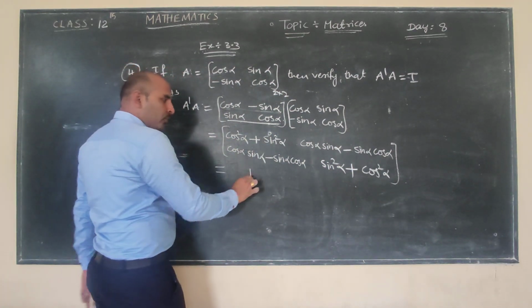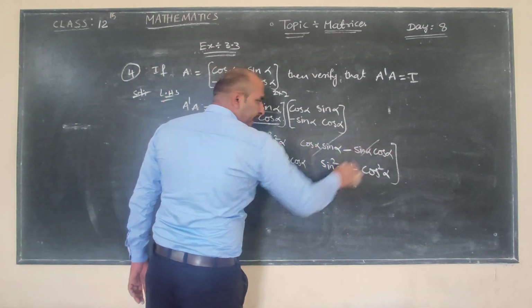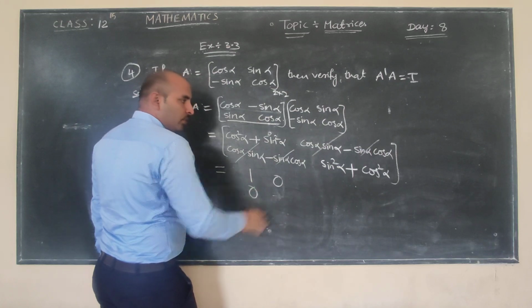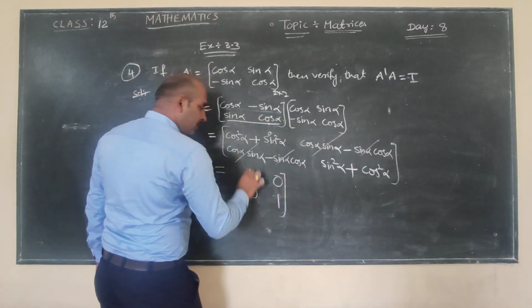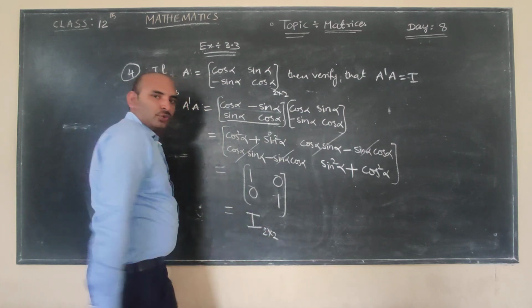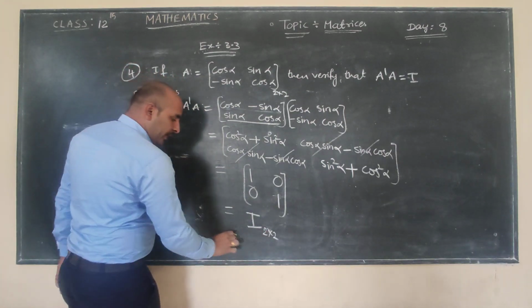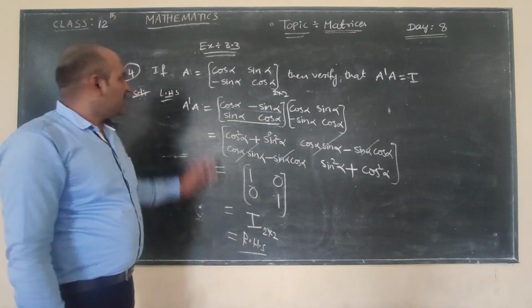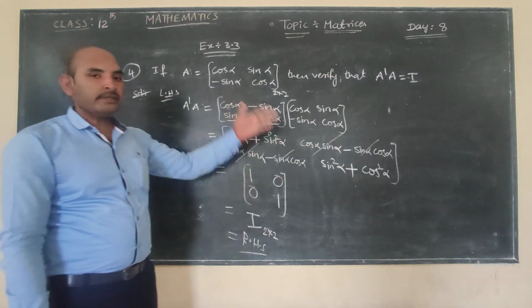This value becomes 1. So these both cancel, that is equal to 0. This one cancels, this is also 0. Sin square alpha plus cos square alpha is equal to 1, which is the identity matrix of order 2 cross 2. So this becomes the right hand side value, the identity matrix. LHS is equal to RHS, hence verified.